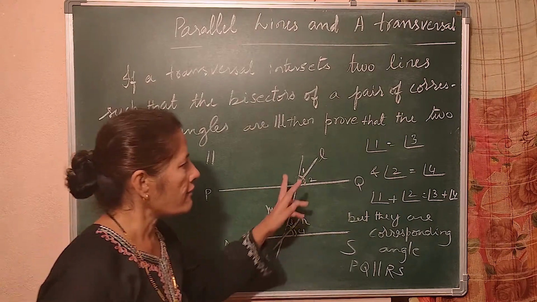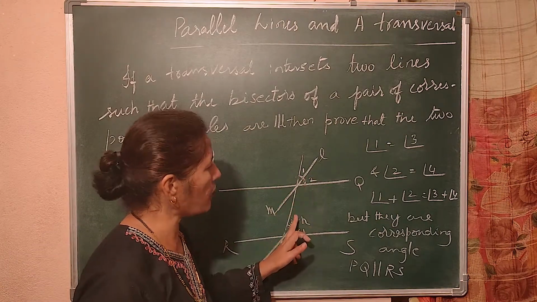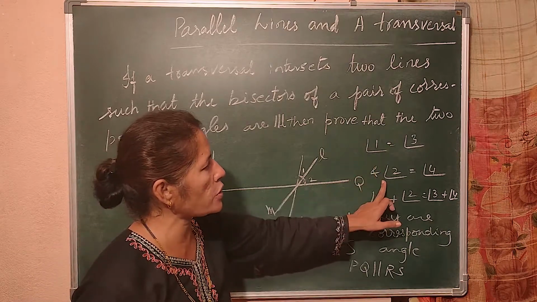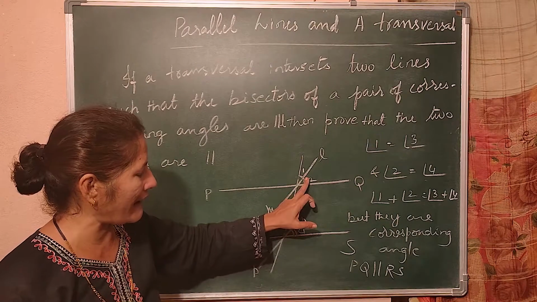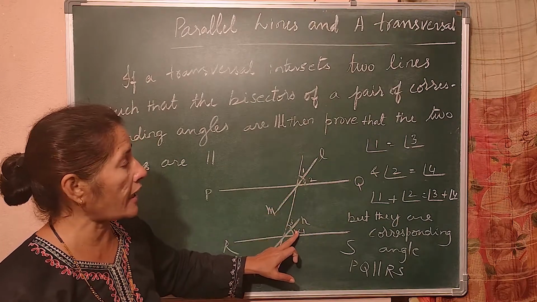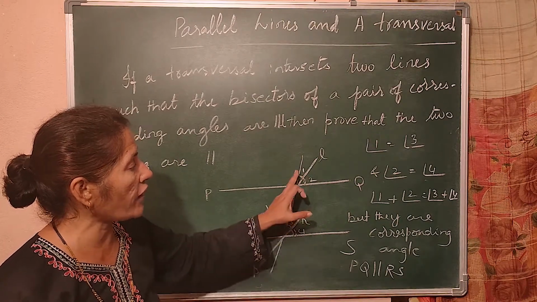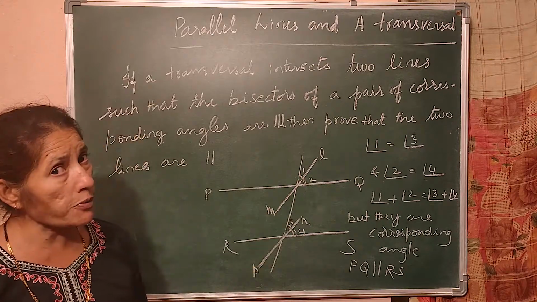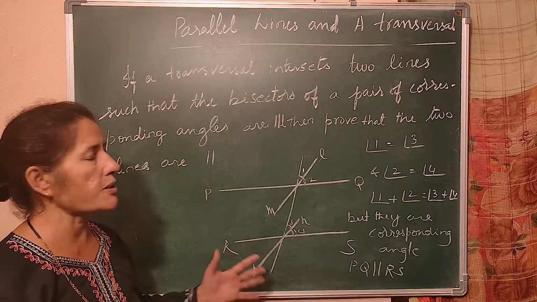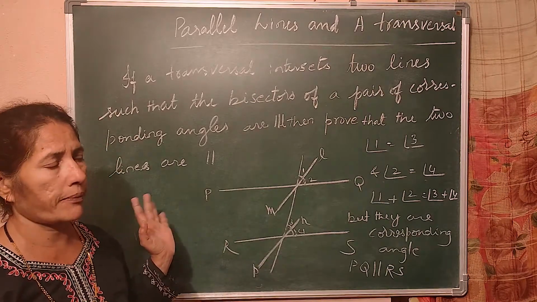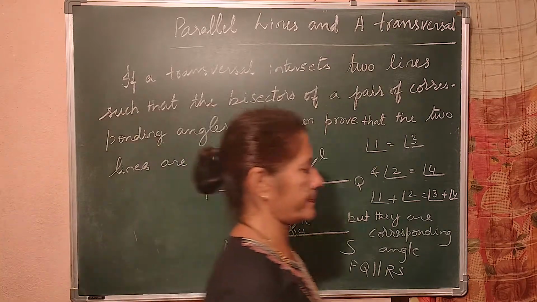So I added: 1 plus 2 is equal to 3 plus 4. But 1 plus 2 is one angle, 3 plus 4 is one angle. Whatever angles they are, when you take it fully, they are corresponding angles. When corresponding angles are equal, PQ is parallel to RS. Very simple. Let us move on to the next one.